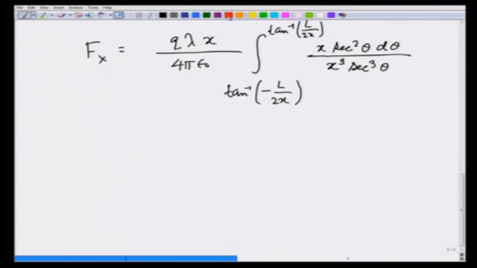I am going to cancel some terms. This x and this x cancel with this and give me x only.